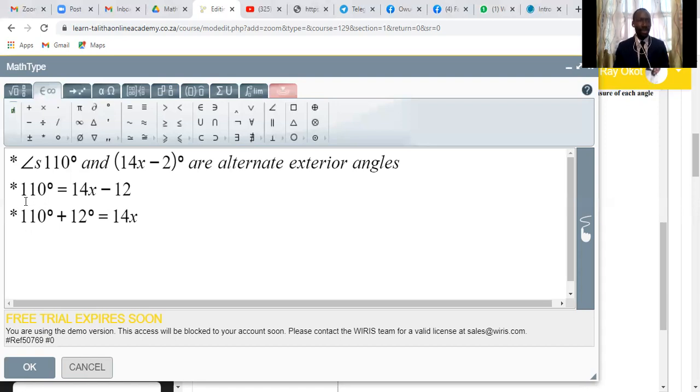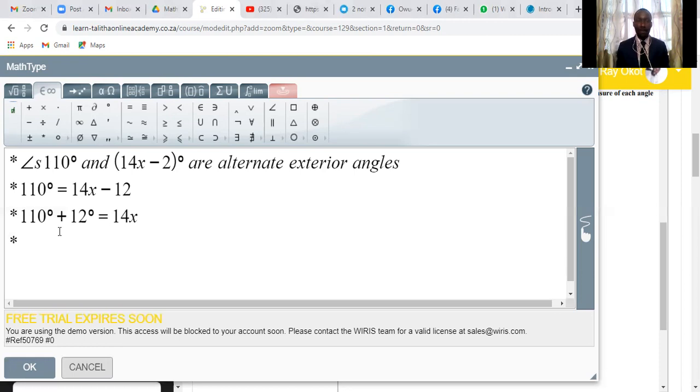The sign before 110 degrees would change. So remember that every time you move one quantity from one side of the equal sign to the other, the sign before it will change. If it was minus 12, it will become plus 12. If it was plus 12, it would become minus 12.